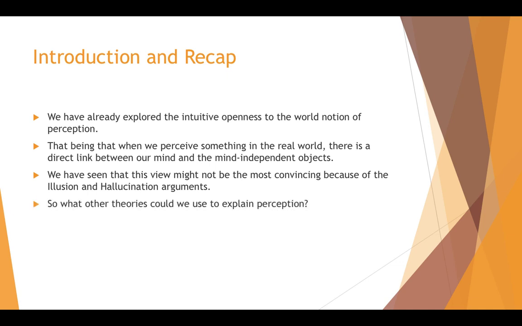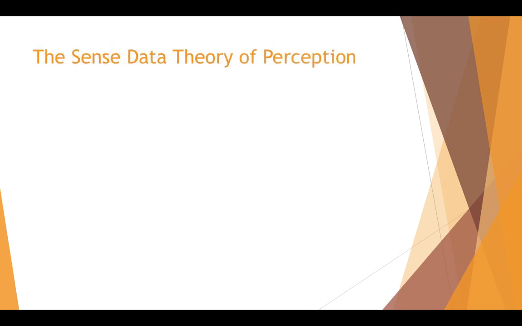So what other theories can we use to explain perception if we can't use direct realism? Well, one is called the sense-data theory of perception. It suggests that there exists some kind of sense data, and that these are mind-dependent mental entities.